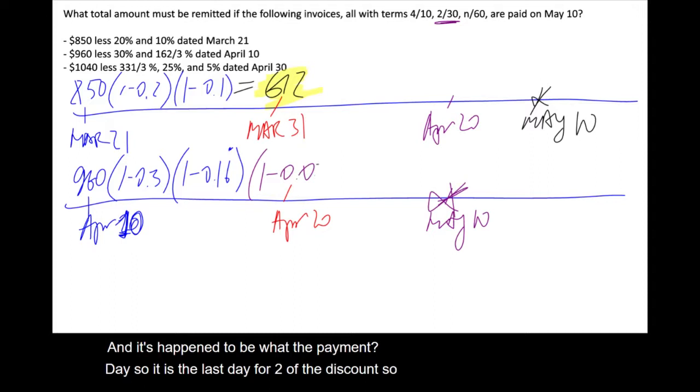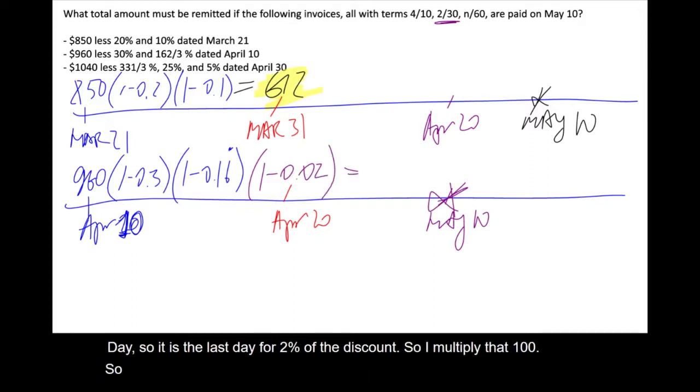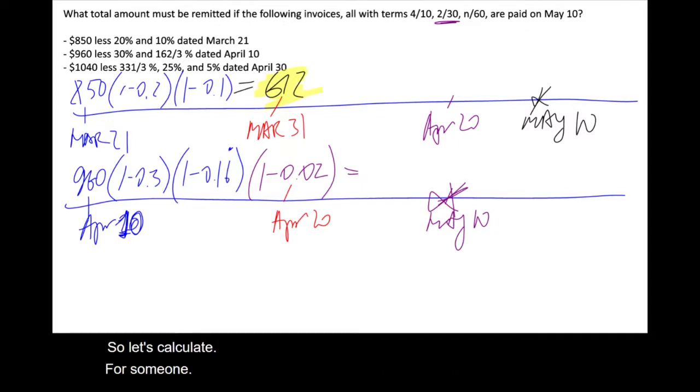So I multiply that by 0.02. So let's calculate. So 1 minus 0.02, times 0.98 times 960.